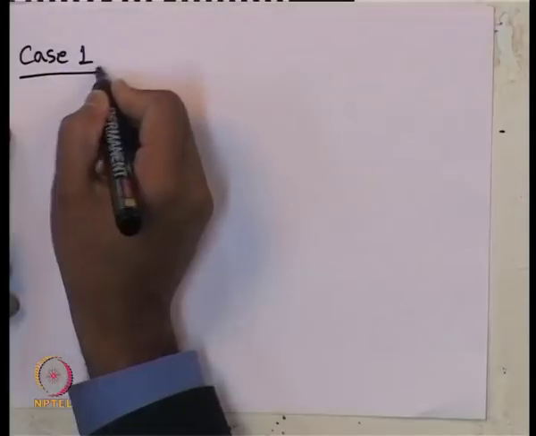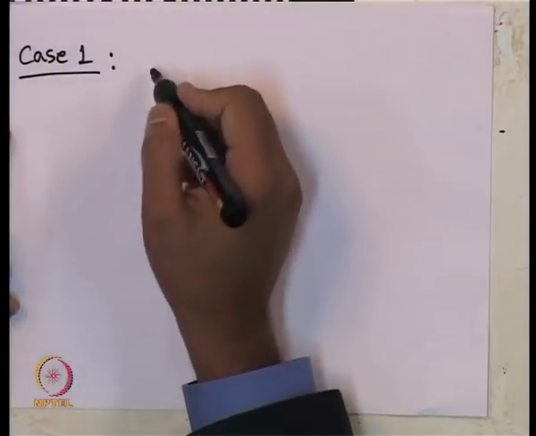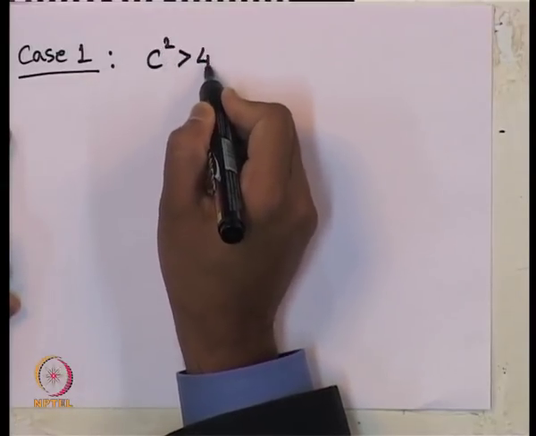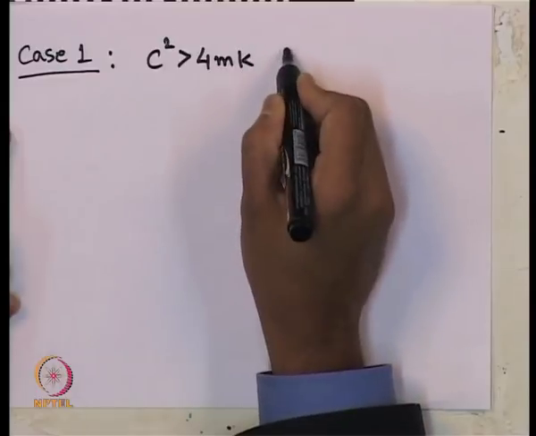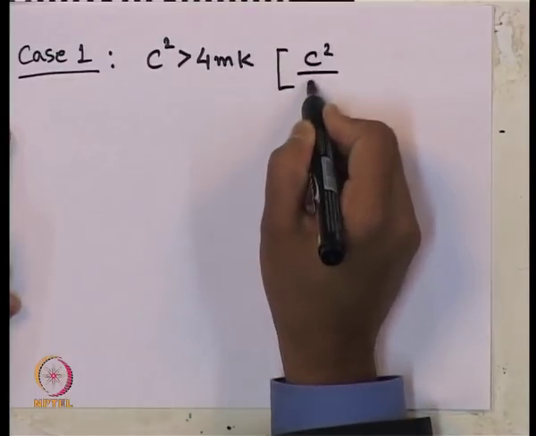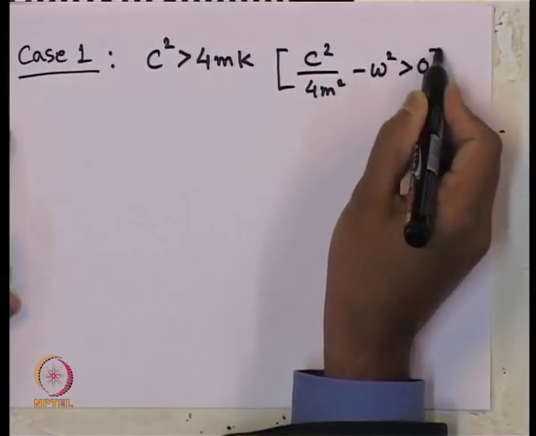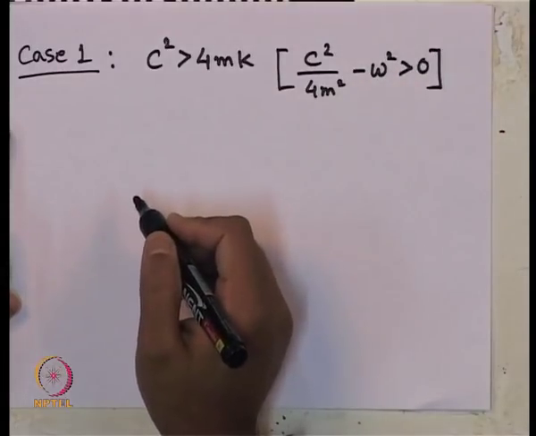Okay. Now, let us come to the first case, that is the case when roots are real and distinct. So, case 1: now we are doing with the condition that c square is greater than 4 m k, which we got from c square by 4 m square minus omega square is greater than 0, that is, the under root term is positive.